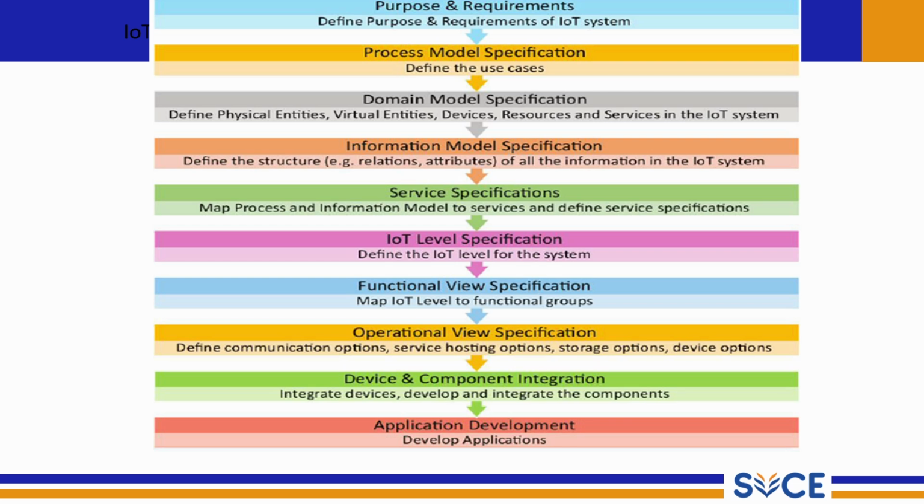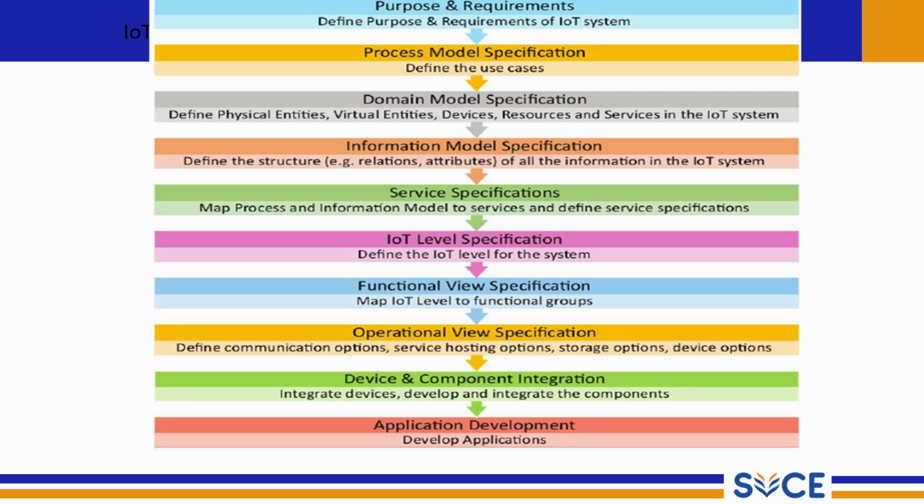In the domain model specification, it gives the physical entities, the virtual entities, the devices used in the IoT design methodology, and the resources and services in the IoT system.